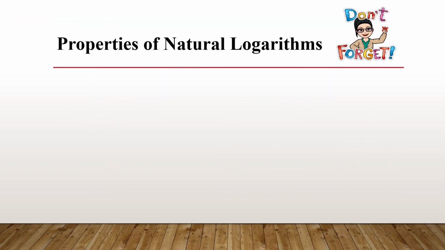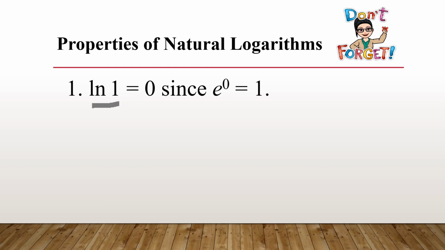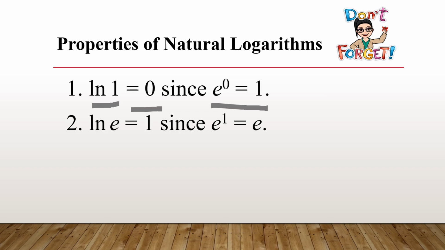If there are properties for common logarithms, there are also properties for natural logarithms. Property number 1, ln 1 is equal to 0 since e raised to 0 is equal to 1. Again, ln 1 is equal to 0 since e raised to 0 is equal to 1. Property number 2, ln e is equal to 1 since e raised to 1 is equal to e.